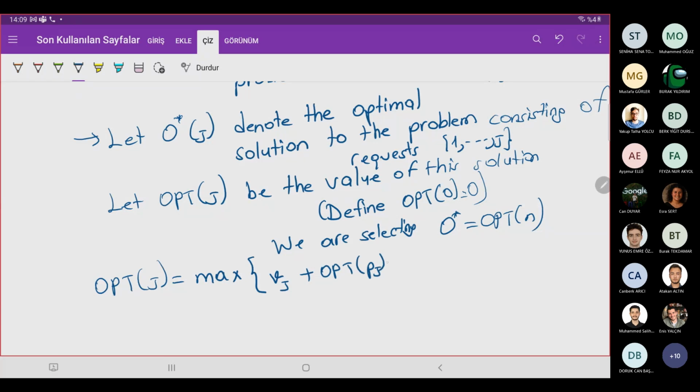Pj is as we defined: the index of the request that has the closest finishing time among the requests that come before j and do not overlap with j. So Vj plus opt pj. And the other case is when I don't include j in my solution, it's opt j minus 1, okay?